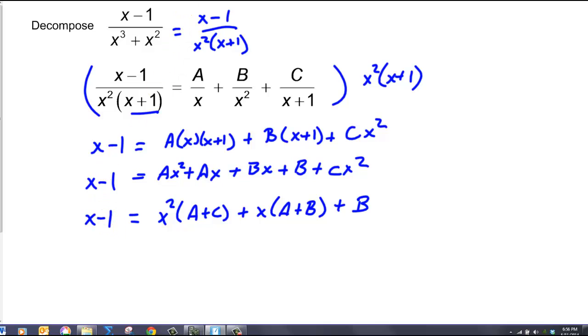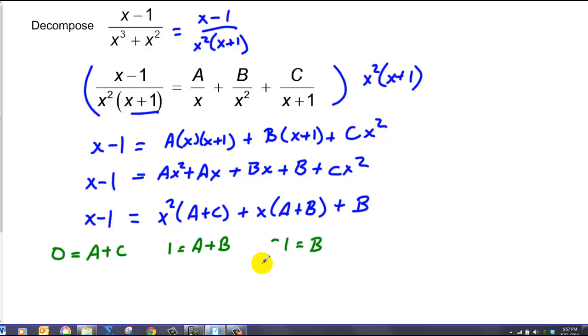When I compare that to my left-hand side of the equation, I notice there are no x squared terms over here, which means the coefficient must be 0. So I know 0 is equal to a plus c. My x coefficient is 1, so 1 must equal a plus b. And in this case, my constant is negative 1, so negative 1 must equal b.